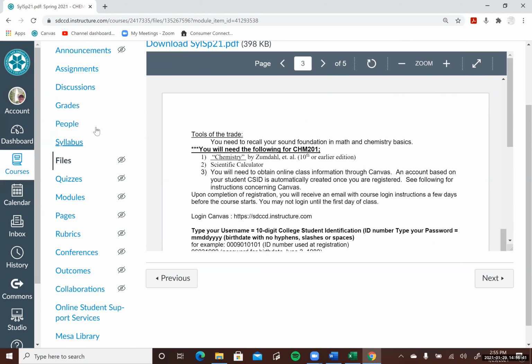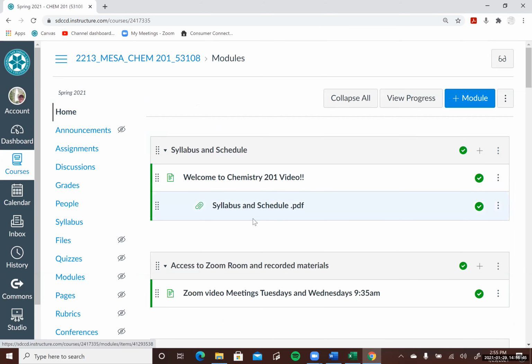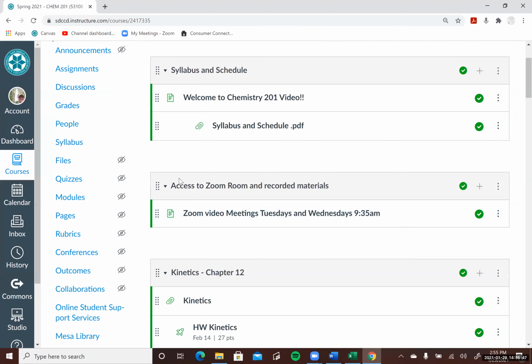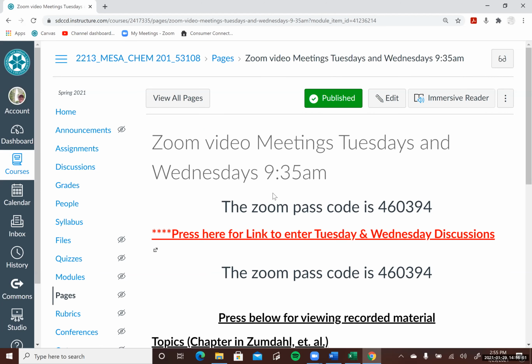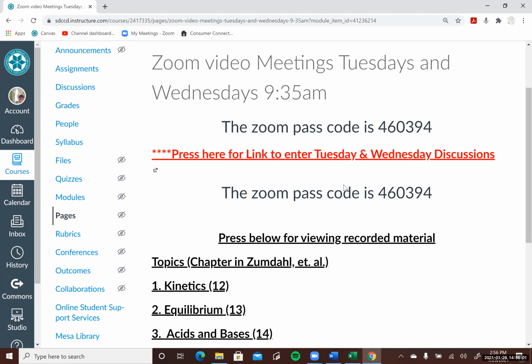All right, so back to the home page. We've gone through the syllabus and schedule. Here's how you get access to my Zoom room. You can come in here. Meetings are on Tuesdays and Wednesdays starting at 9:35 for approximately an hour, maybe a little longer if we go over. This is the passcode to get into the meeting.